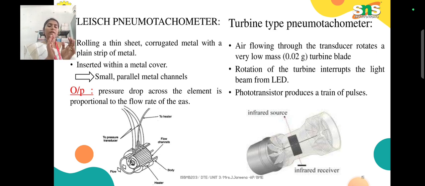In the differential manometer we offer some resistance in the flow path by placing capillary tubes. Here also we offer some resistance, by placing rolled thin sheets of metal, many layers of them, inside the flow path.